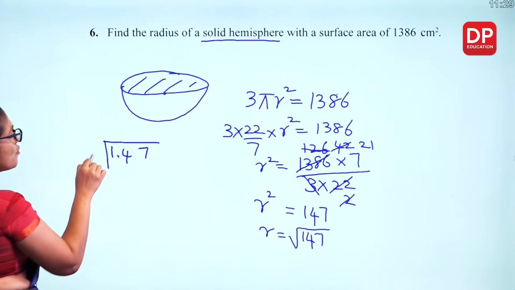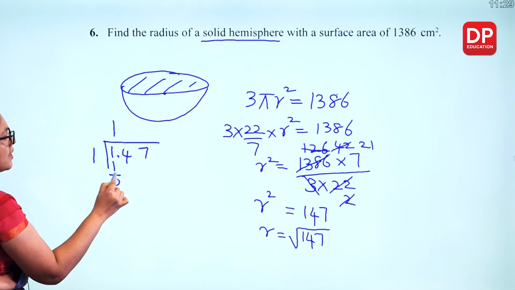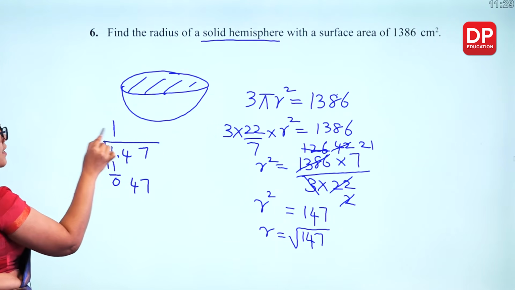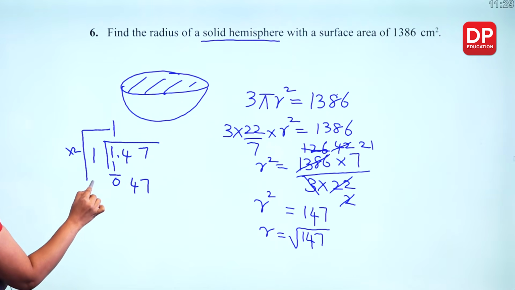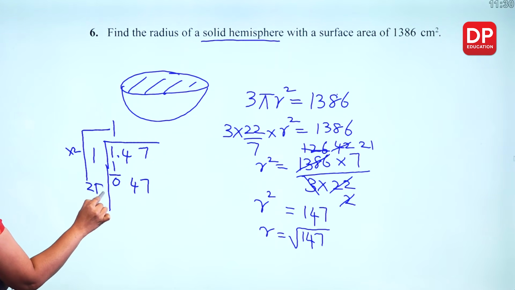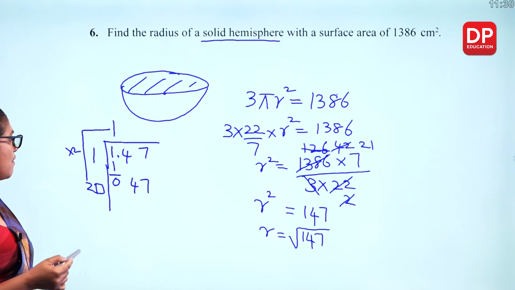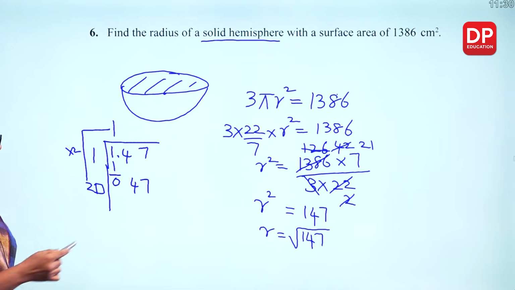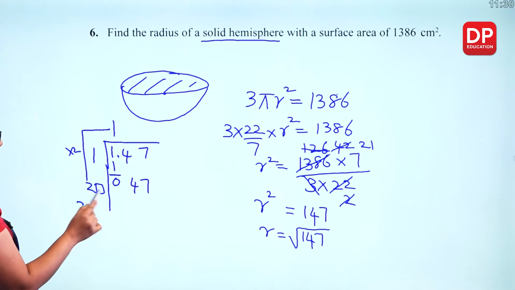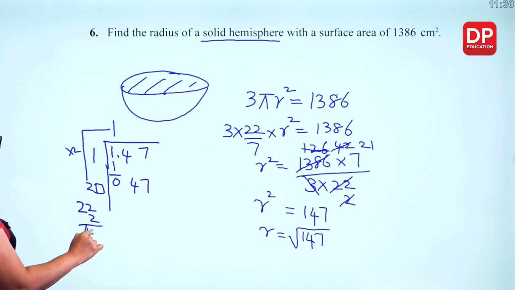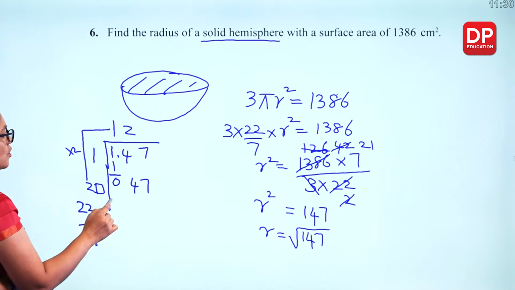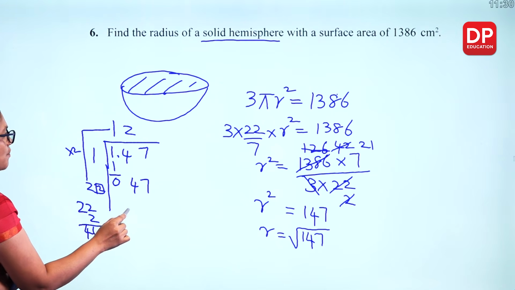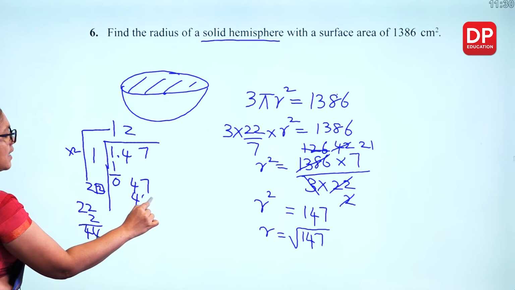So how do you get 1? 1 times 1. Then you have to take 47. Multiply this by 2, you get 2 something for 47. When you take 3, 23 times 3 is more than 47, so this becomes 2. 22 times 2, you get 44.